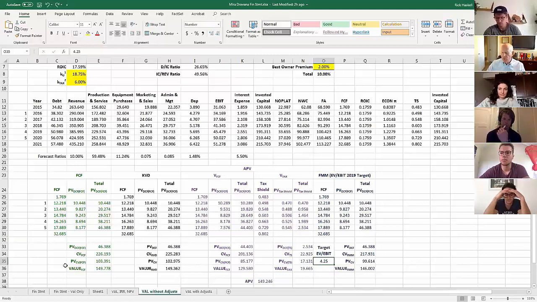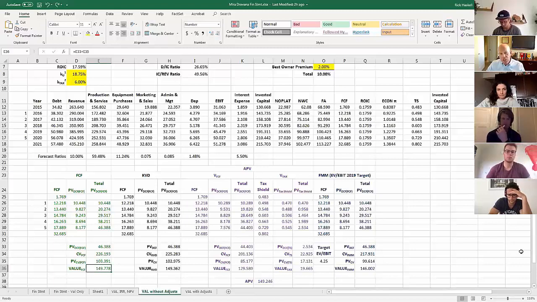If that gave us this 149, and that was based on some assumed growth rate, then using that 9.28 multiple that led us to the 317 value must be using a growth rate that's far greater than the growth rate we're using to come up with this 149.